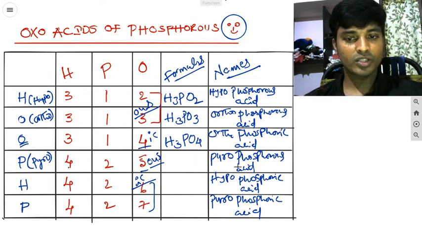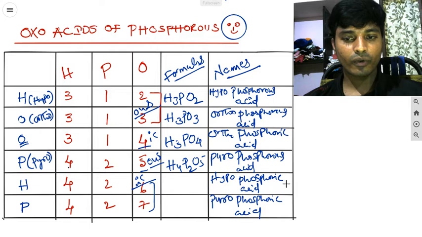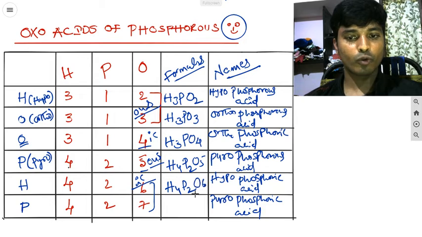Next, pyrophosphorus acid. What is the formula of this one? H4P2O5. Here students majorly get confused. Then hypophosphoric acid. What is the formula? H4P2O6. Then the last one, pyrophosphoric acid, H4P2O7.